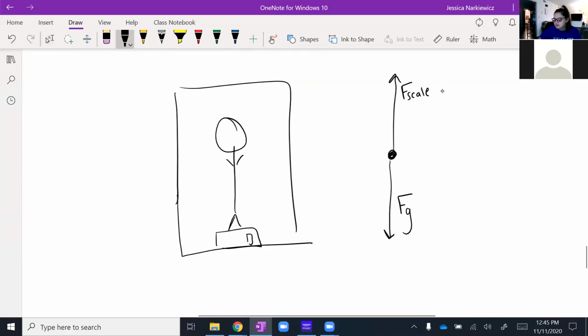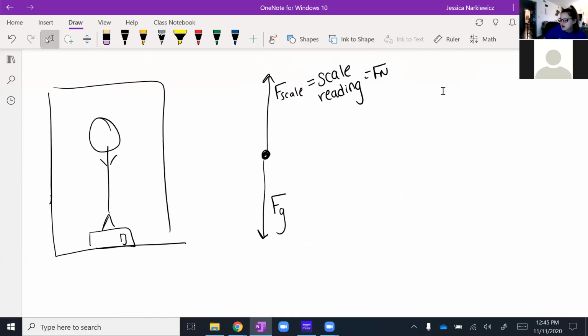Now that force from the scale is really just whatever the scale is reading, and could also be considered a normal force. If our net force is 0, meaning we're moving at a constant velocity or we're at rest, the normal force is going to equal the force of gravity.